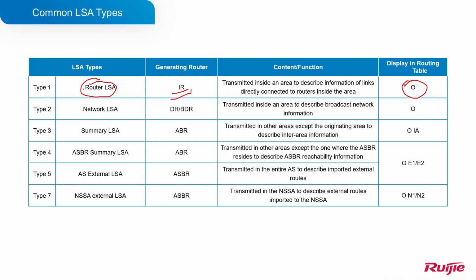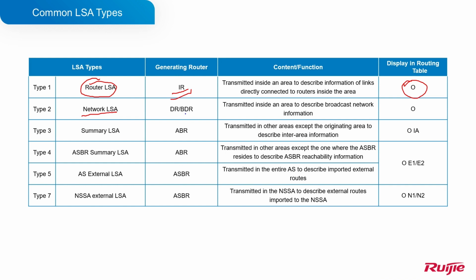And the second is type 2 LSA information. The type 2 LSA we also call the network LSA. The network LSA is generated by the DR and BDR. So the DR device and BDR device belonging to one area can generate the network LSA information.